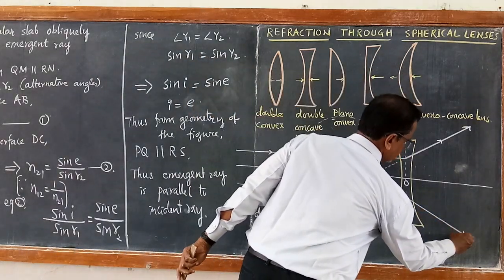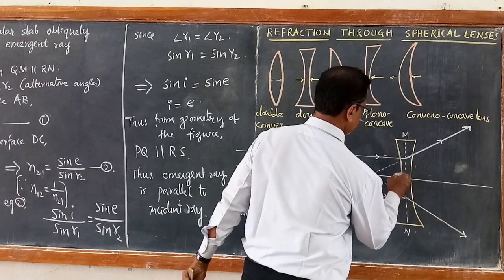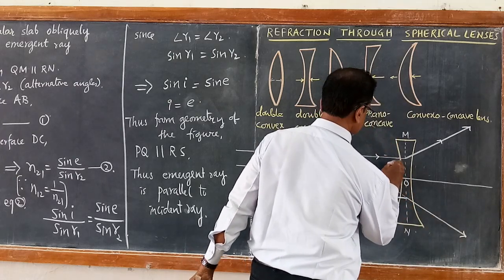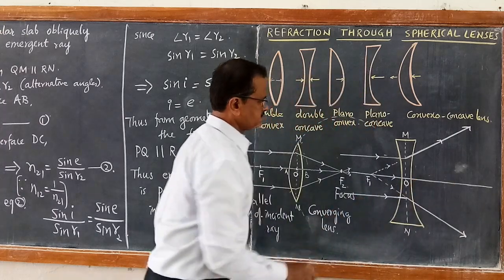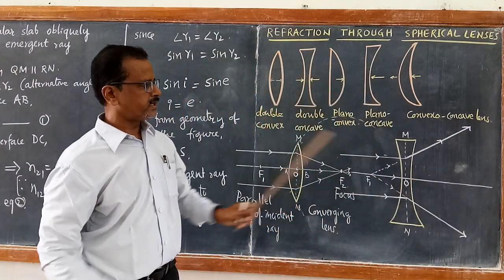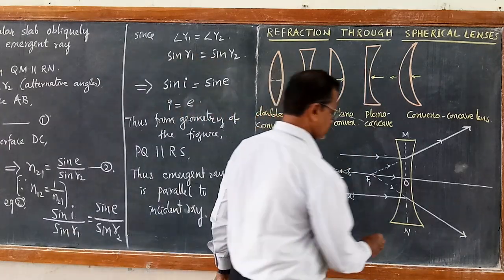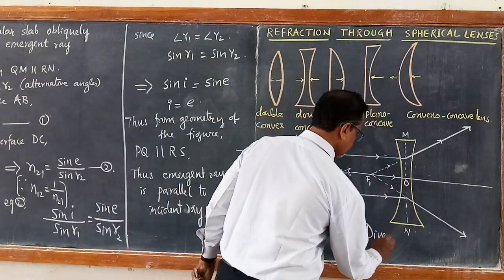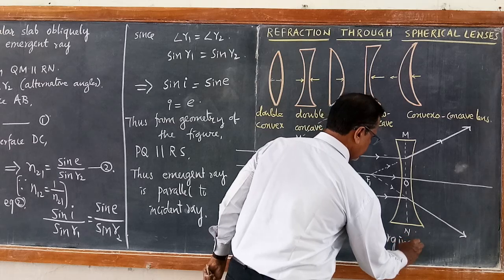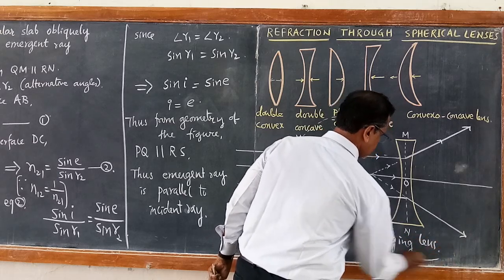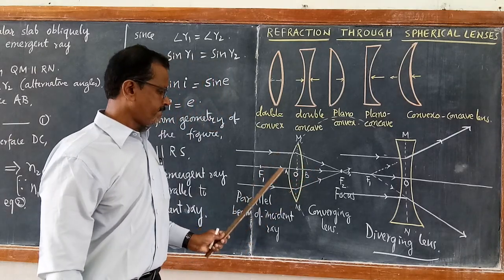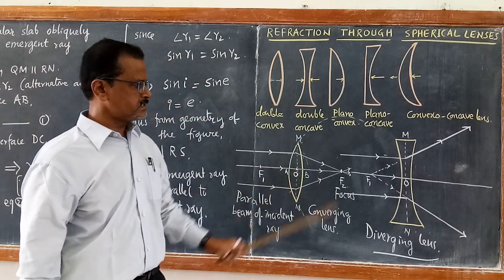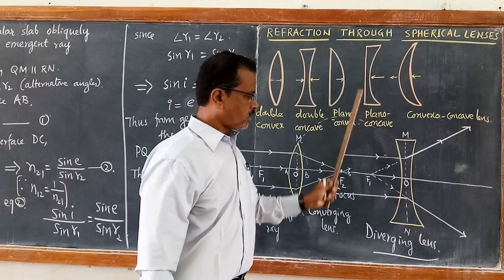So this is the diverged ray. Since the rays after refraction get diverged, this is called a diverging lens.